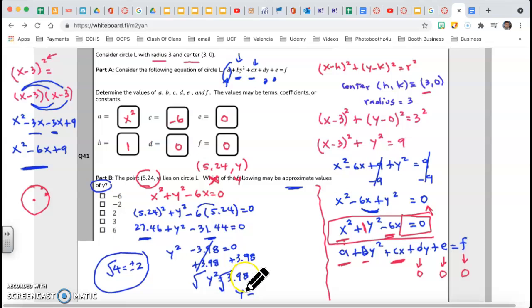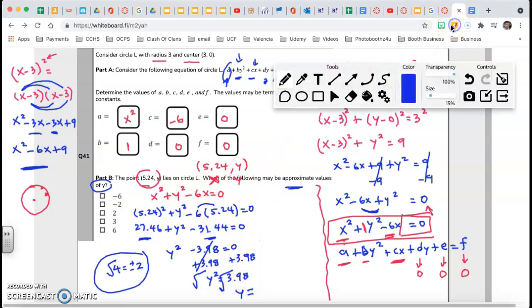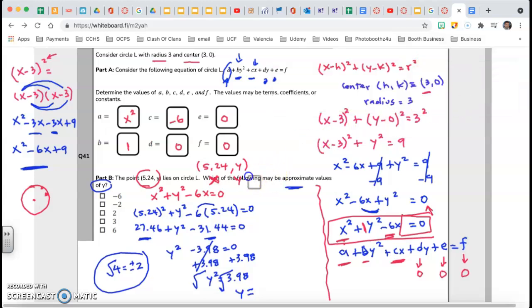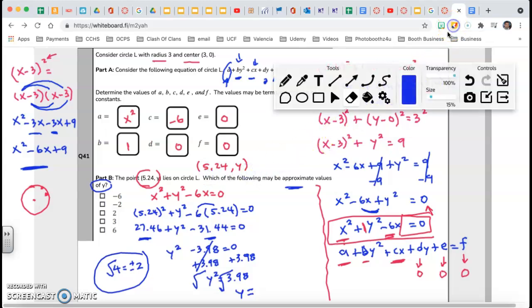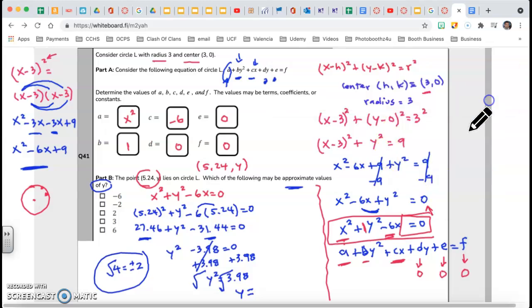This is almost 4. That's why in the question they're saying approximate. Which of the following, they're saying approximate the value. That's the reason they're saying approximate, because you have 3.98. I do square root of it, and this is going to give me 1.99 and a bunch of decimals.